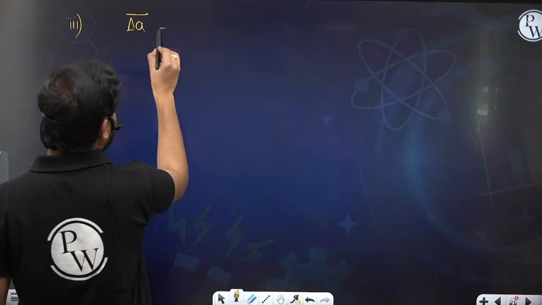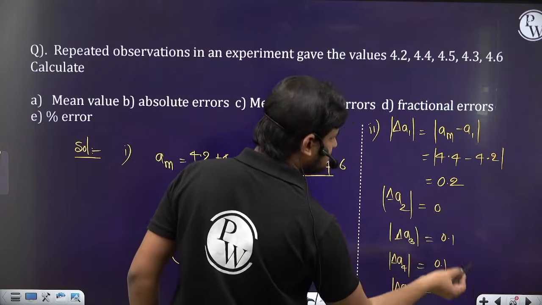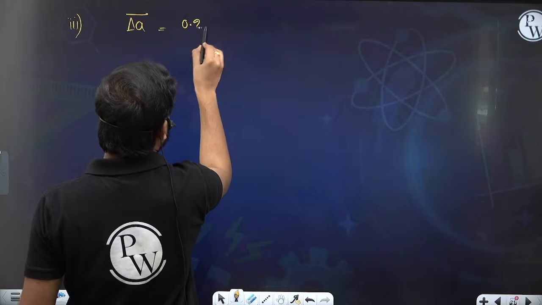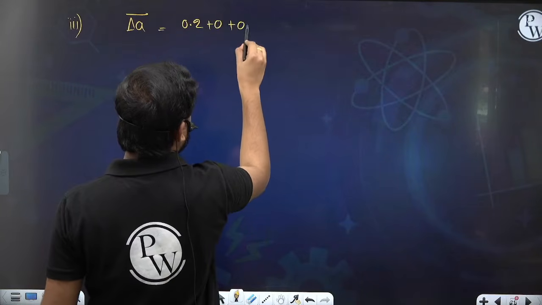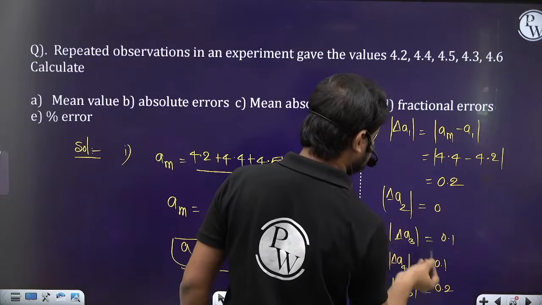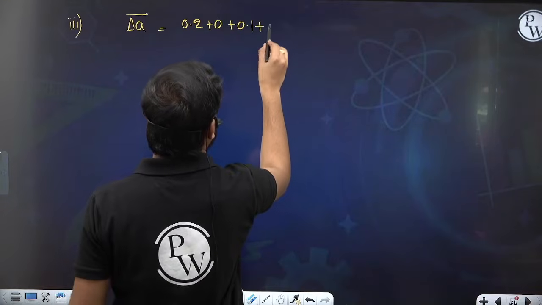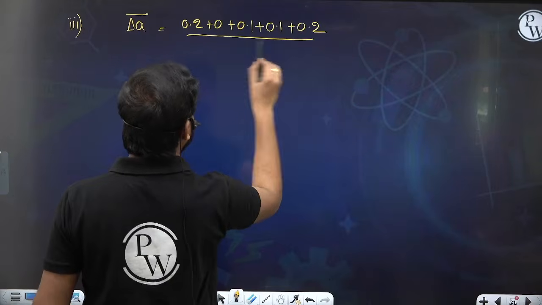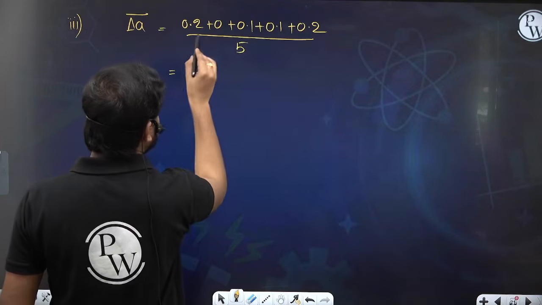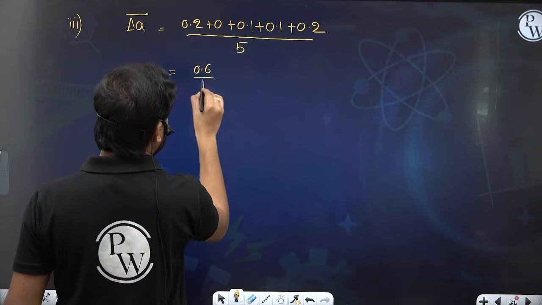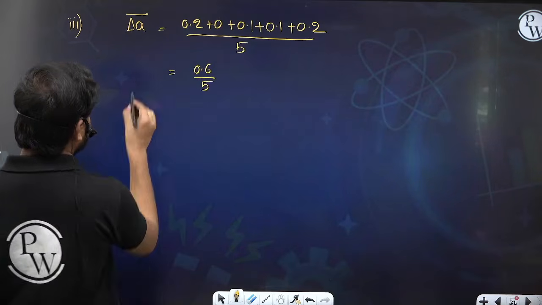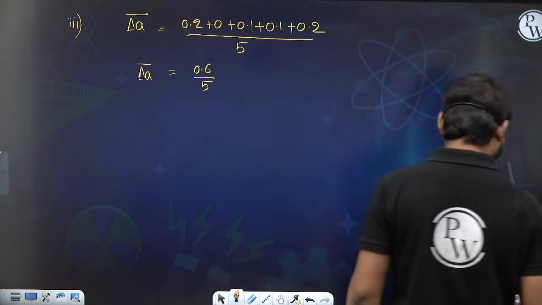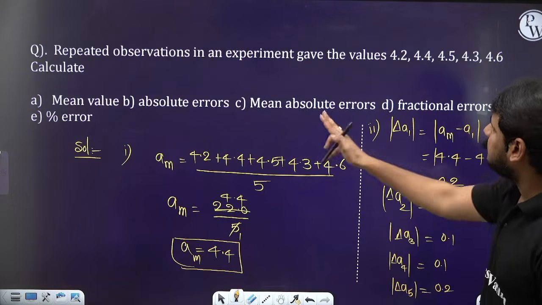It is nothing but the sum of all the errors: 0.2 plus 0 plus 0.1 plus 0.1 plus 0.2. So 0.2, 0.4, and the total is 0.6, divided by 5. So 0.6 by 5 is delta A bar. Clear this part? Okay, so then we got the mean absolute error.